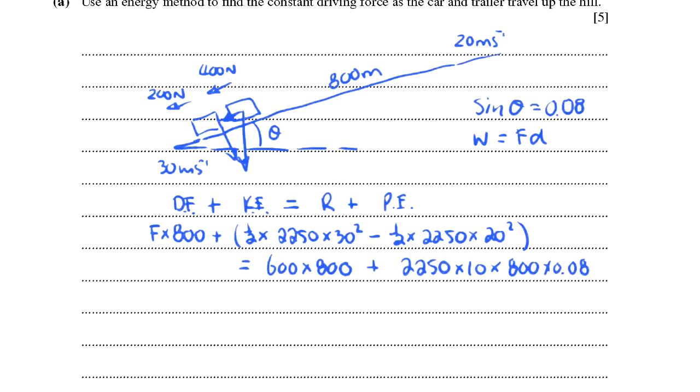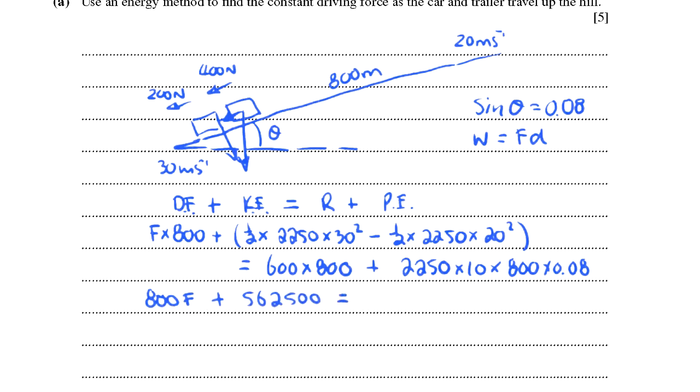Okay, so maybe we should simplify this just a little bit. We'll make it a little nicer to deal with. So we have 800 times what we're trying to find, the force, plus, if we put this into a calculator, a half of 2250, and we can have in brackets 30 squared minus 20 squared, gives us 562,500.